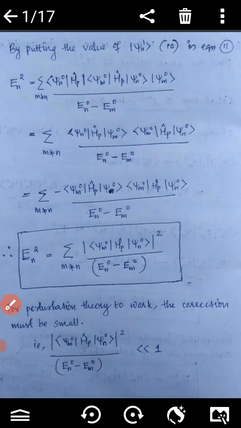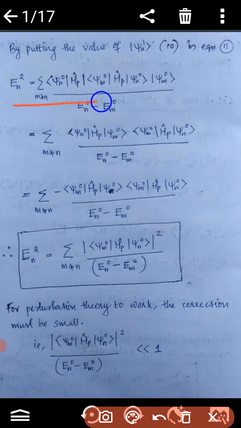So I just substituted this value, and summation m not equal to n psi n0 hp psi m0, then this one, that is psi m0 hp psi n0, which is equal to psi n0 psi m0 and psi m0 psi n0. I put one minus sign here.